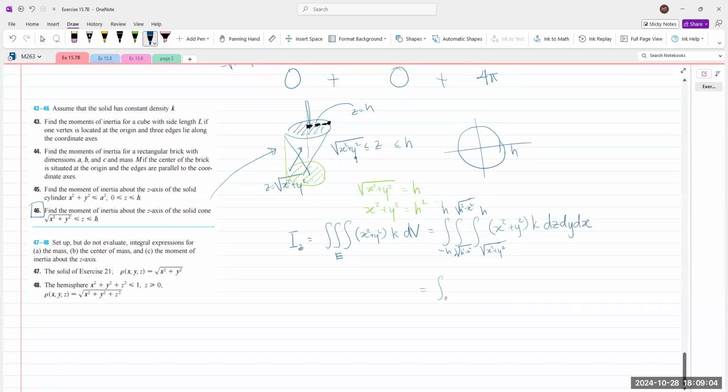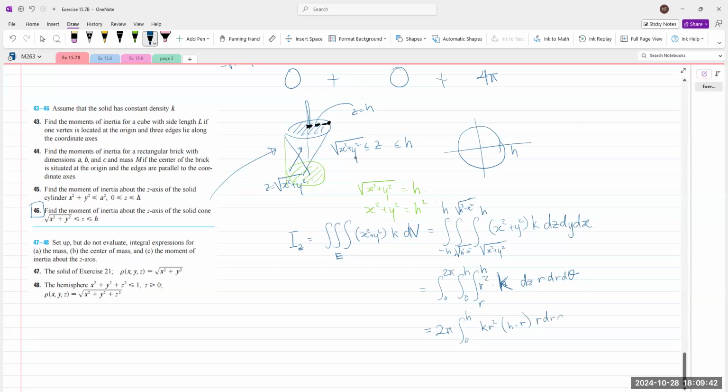This will be the integral from 0 to 2 pi, integral from 0 to h, r dr d theta. As for the z, that will be r squared times k, integral from r to h. Okay, so independent of theta, so that's 2 pi integral from 0 to h, k r squared times h minus r.